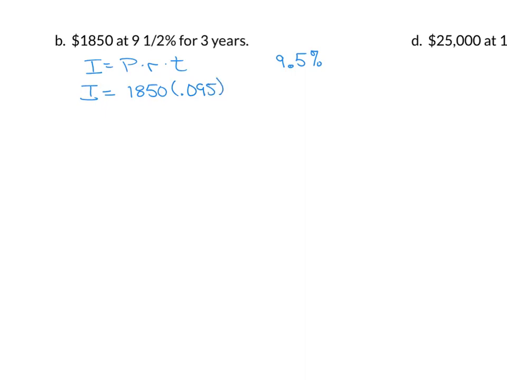We have T is equal to 3 years, so T is equal to 3. Okay, if we go ahead and multiply this out, we get 1850 times 0.095 times 3 is equal to $527.25.